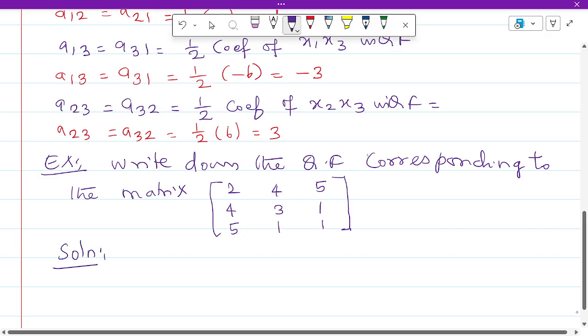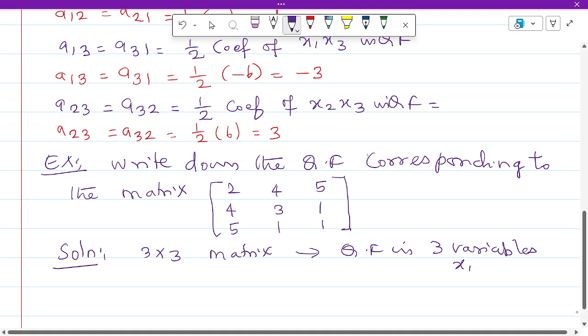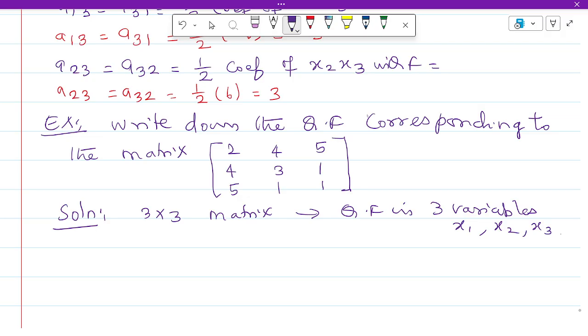Now listen. Here also the given matrix is a 3 by 3 matrix. So you will have the quadratic form in 3 variables, say x1, x2, x3 are the 3 variables. Now see what the diagonal values are. The diagonal values are 2, 3, 1.